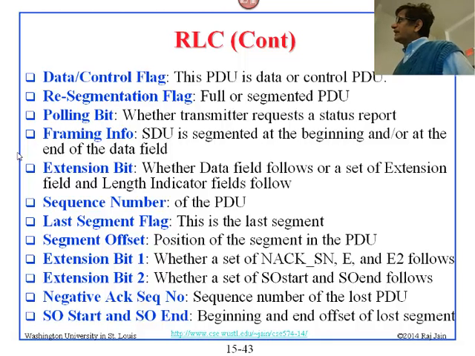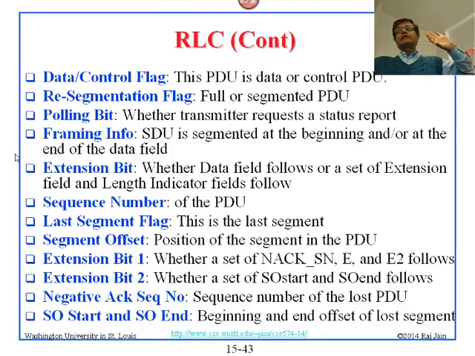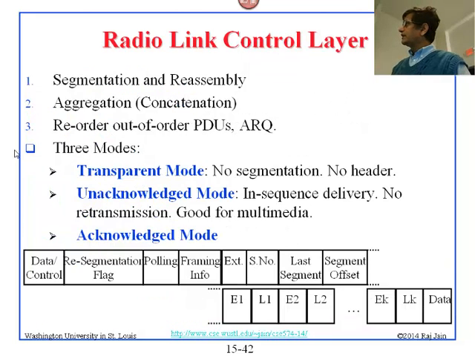So this is basically a negative acknowledgement. It says, well, I did not receive segment number 3, I did not receive segment number 5, I did not receive segment number 7. For 3, the offset was this. For 5, the offset was that, and so on and so forth. So all those things are indicated here, E1, L1, E2, L2, EK, LK. This whole thing is not part of this packet, it is part of the acknowledgement.